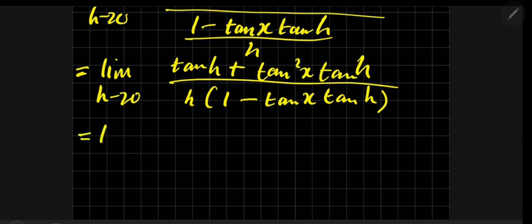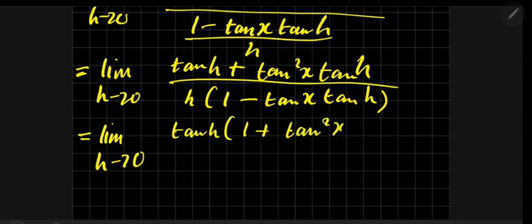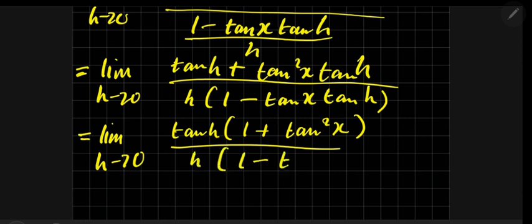So we'll have the limit as h is approaching 0, factoring out tan h, we'll have 1 plus tan squared x over 1 minus tan x tan h. So this is the same as 1, that can go.